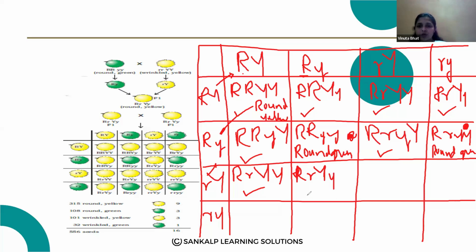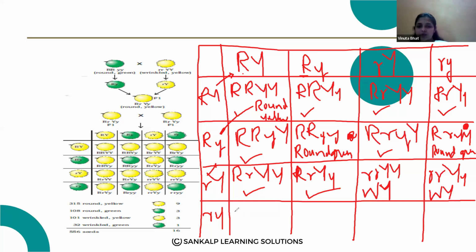So this is also round yellow seeds. Next one. Small r, capital Y. This is wrinkled yellow seeds. I will write wrinkled yellow, WY. Okay. Then last one, small r, capital Y, small y. This is also wrinkled yellow seeds. I will write like this.